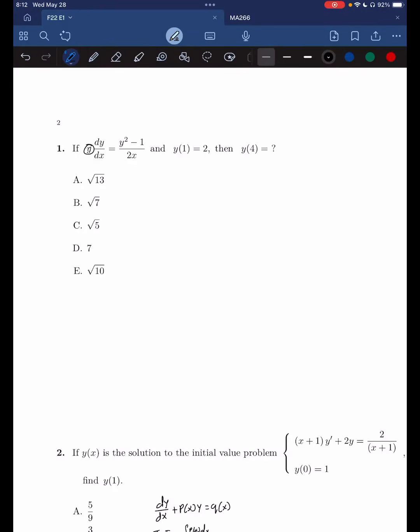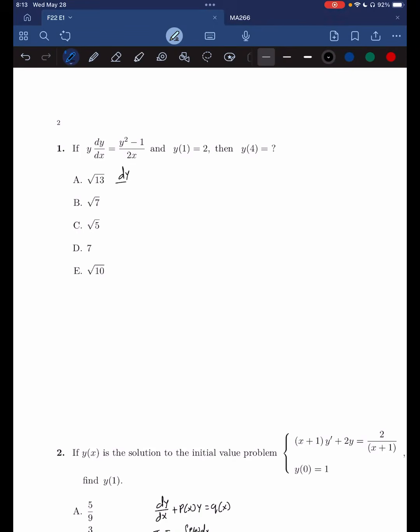Obviously you have your y multiplied with your dy dx. You have this 2x divided up here. And yeah, you have a little bit of subtraction going up top, but this at the end of the day is just a constant and not a variable, which makes it easy for us to say that this is going to be a separable differential equation.